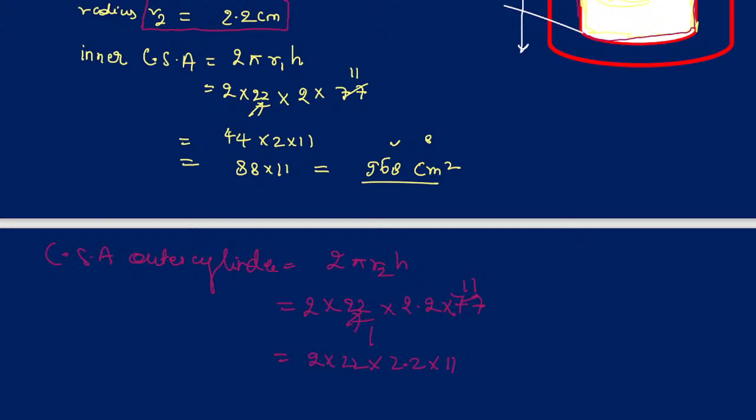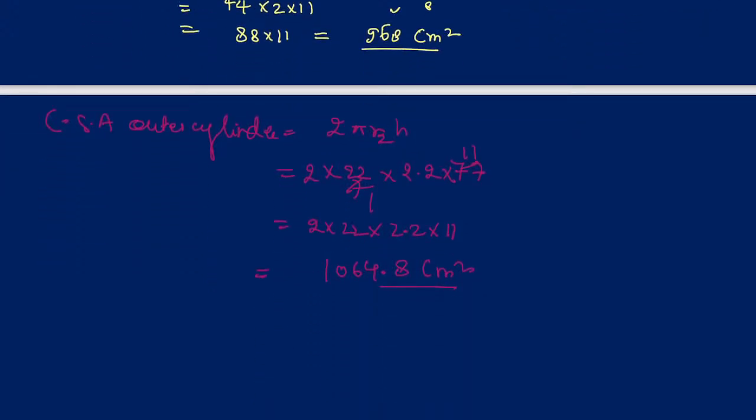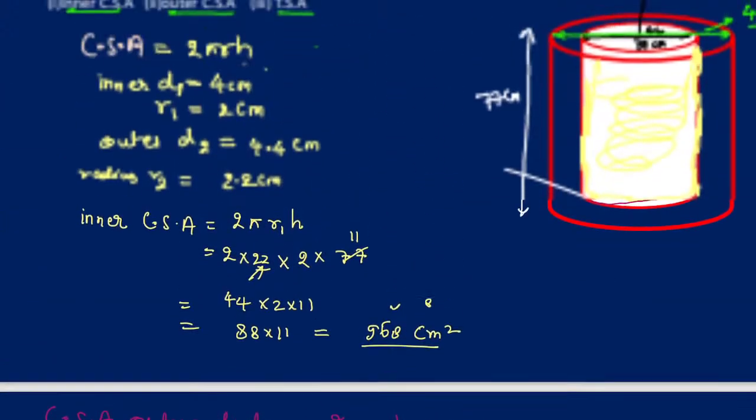If you multiply all these, then you are going to have 1064.8 centimeter square, the area of the outer surface, the curved surface area of the outer cylinder. So when we find the curved surface of the outer cylinder, it is 1064.8 centimeter square.